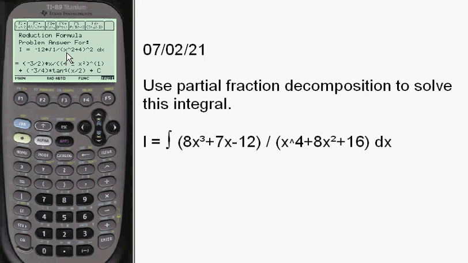And so the reduction formula problem answer for I equals minus 12 times the integral of 1 over x squared plus etc. quantity squared dx is this right here, minus 3 halves. You can check this on your calculator, it'll come up with the same thing. And so the answer of the whole problem is this right here. Okay.